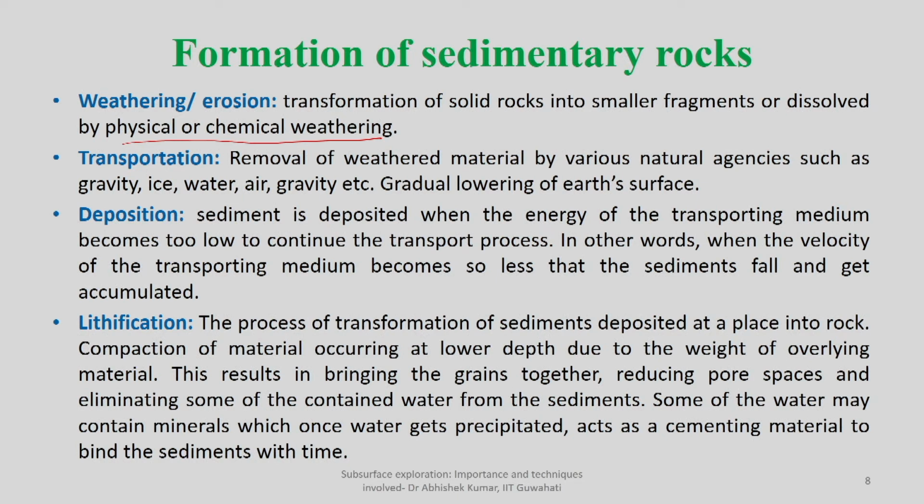If you go to colder regions, glaciers can be there. If you go to high altitude regions, gravity can also cause it, and so on. Whatever agency brings the material fragments from their parent position to the new position where the material gets settled or deposited, that is known as transportation.